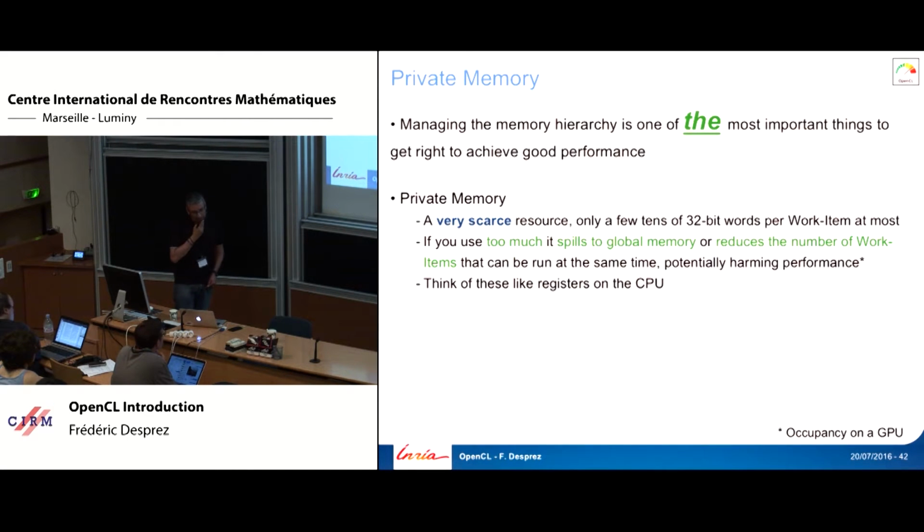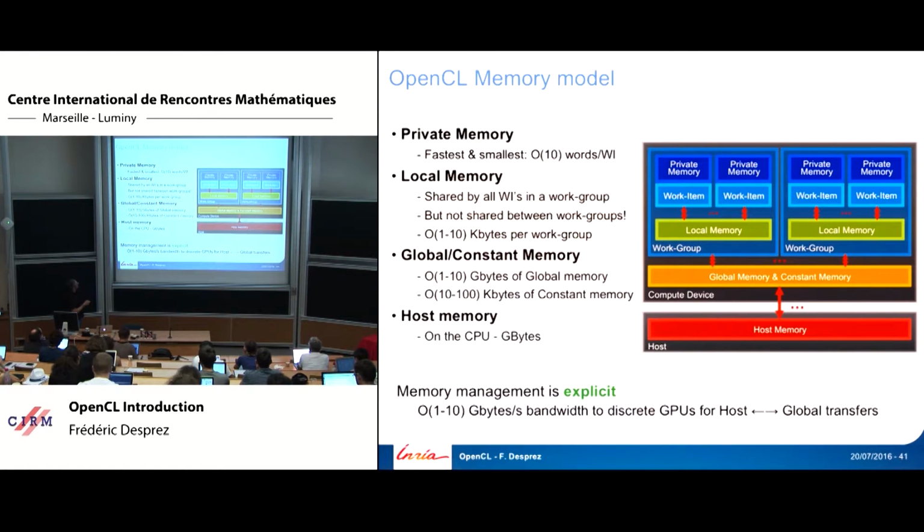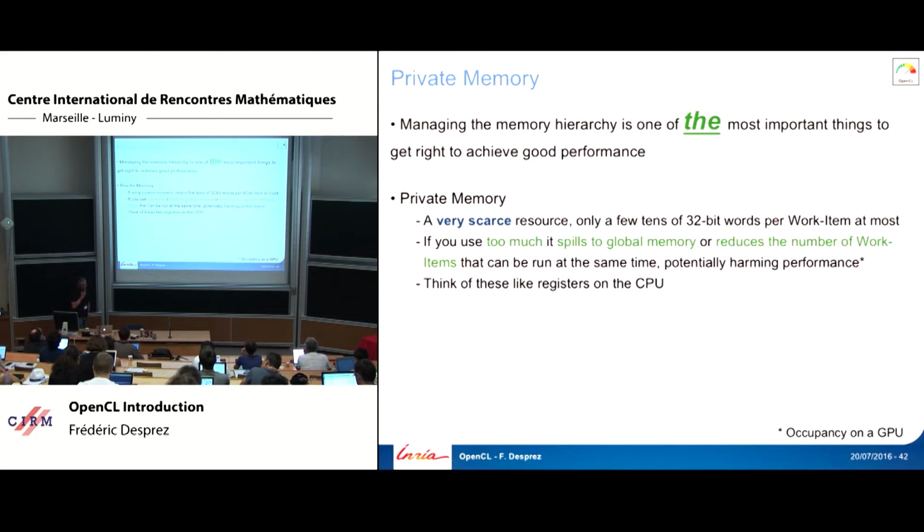So if we take a look at the private memory, which is the one for each work item, the management of this memory hierarchy is very important because this is where you can gain performance, as Jack said this morning. You have to be very careful about the way you are using it. You should assume that this private memory is very scarce.